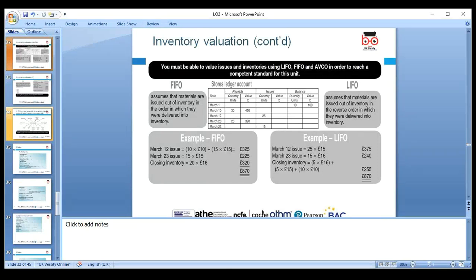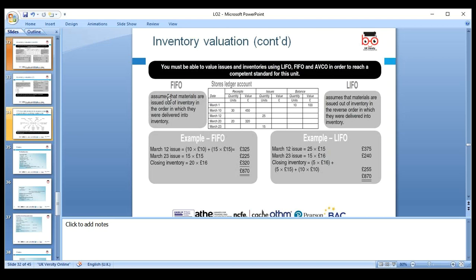If it's the first in, first out method, you will see the closing inventory value will be different, and if you use last in, first out, you will see the closing inventory value is different, and overall inventory is what we issued and what is left.